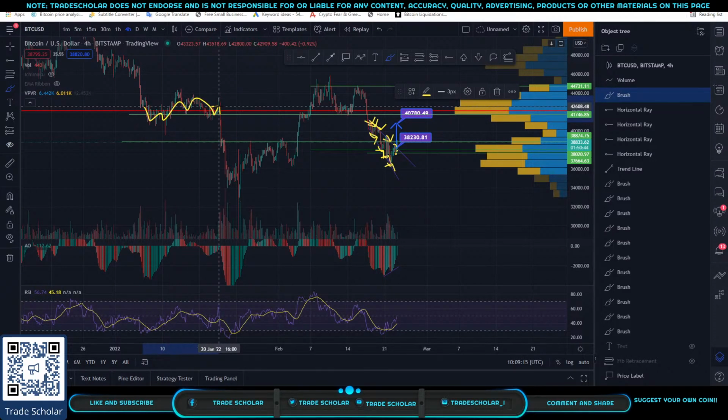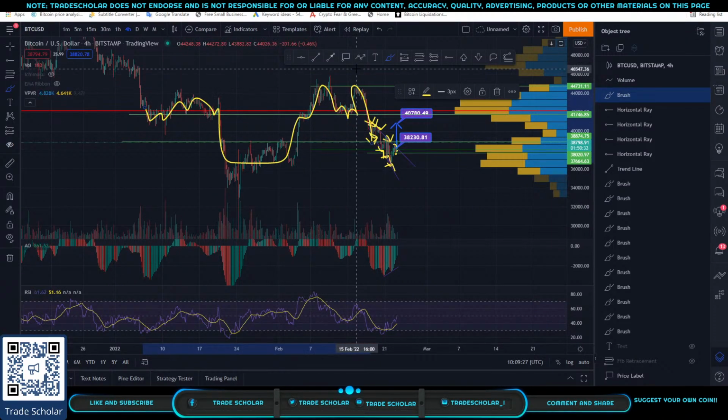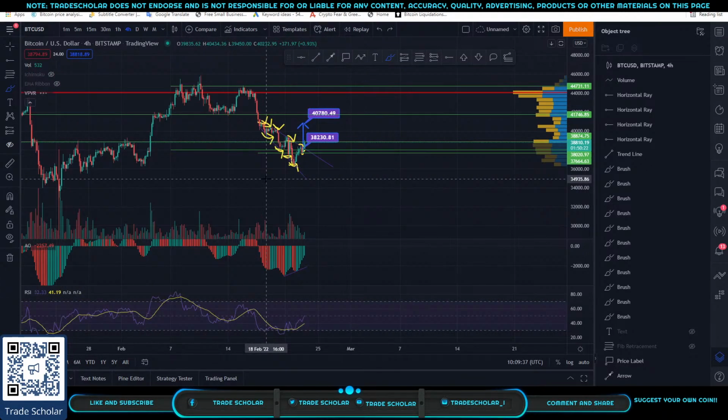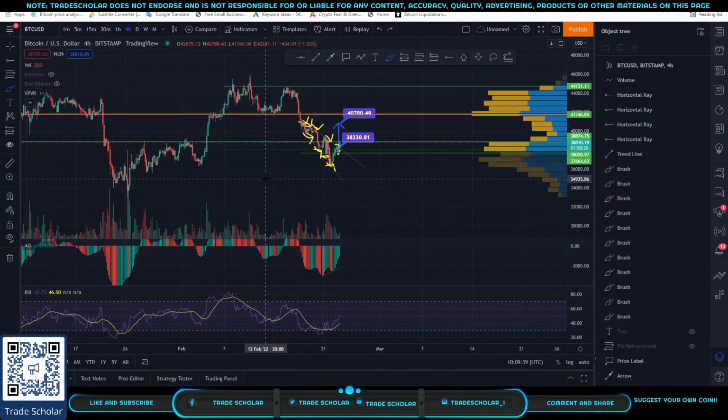Support, support, broken, and then resistance, resistance, broken, and then support, support, support, then broken. Basically you put your line where you have found strong support and resistance. From there you can make sense of the change of trend and stuff.